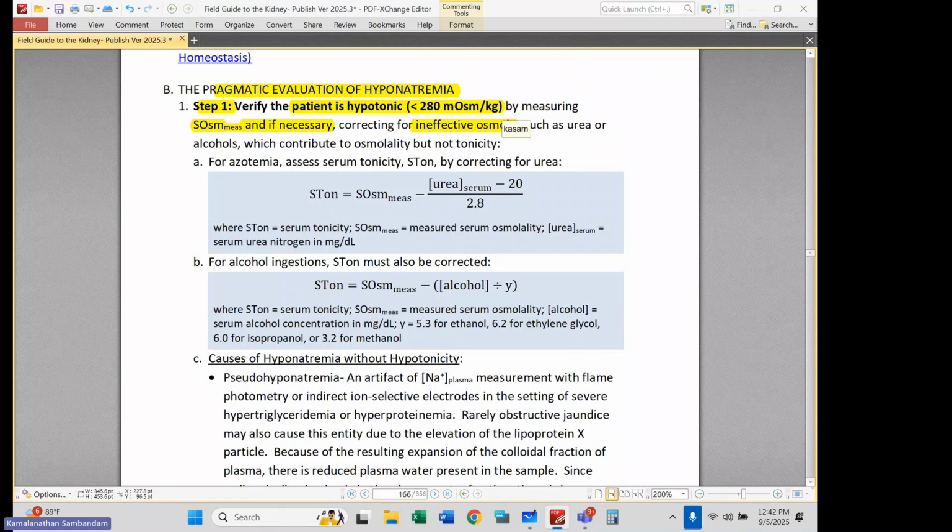So hyponatremic patients who have hyperglycemia, we'll go over that, but that is a truly osmotically active particle, okay? Urea, on the other hand, is not, okay? It's one of the most common causes of this mistake of overcalling pseudohyponatremia. There are others that include alcohols, okay?